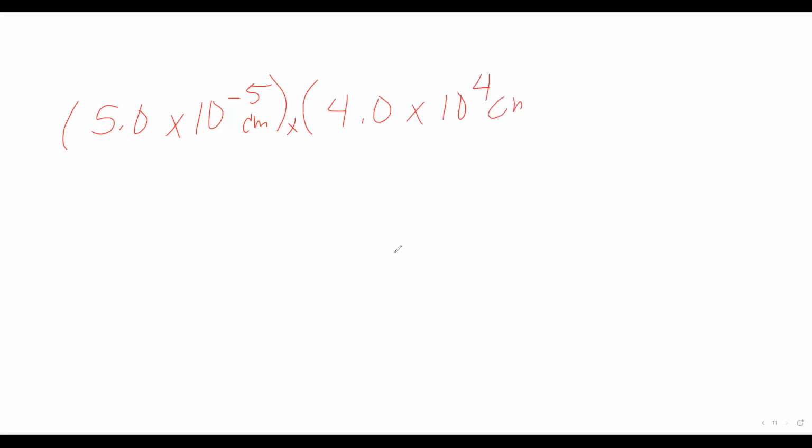Okay, so next, let's do just a multiplication and then a division. We're multiplying these two. Let's just do a simple one: 5.0 times 10 to the negative 5 centimeters, times 4.0 times 10 to the 4 centimeters.